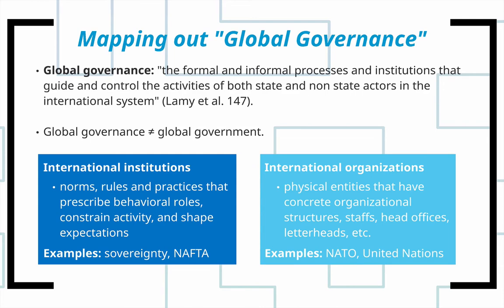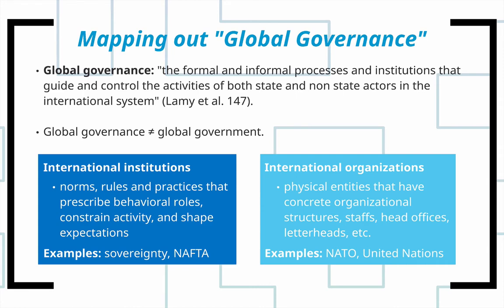International institutions are just norms, rules, and practices that prescribe behavioral roles, constrain activity, and shape expectations. These could be things like sovereignty, right? The expectation of non-interference and sovereign control that states have over what happens within their borders. That would be an example of an international institution.